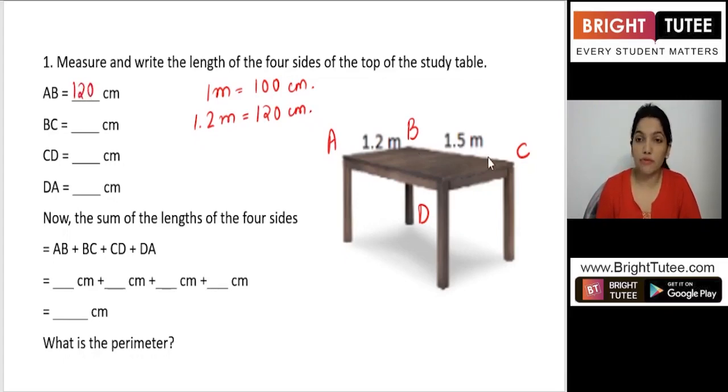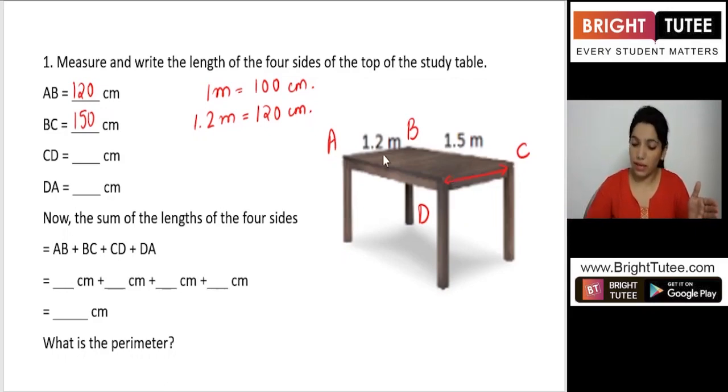What is the length of BC? It is 150 centimeters, because this is 1.5 meters, so it will be 150 centimeters. Now what is the length of CD? CD is this particular length here, right? I'm sure you must have seen that all the tables are in the shape of a rectangle, and a rectangle has opposite sides of equal length, right?